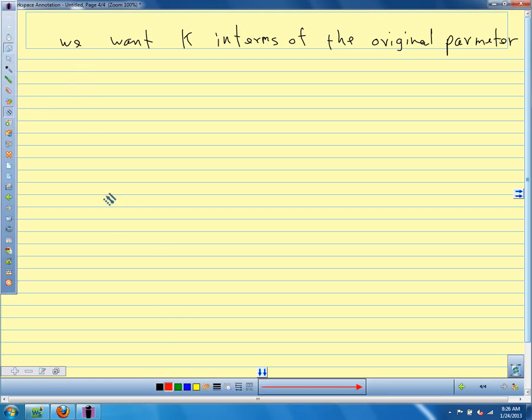So that's what we're looking for now. And we have some nice quantities that we can use to do this. So we defined K as the magnitude of dT/ds.